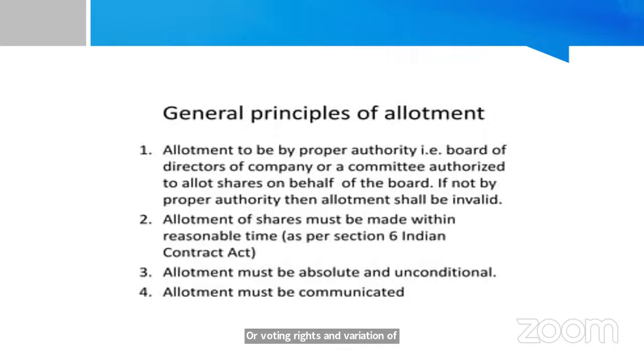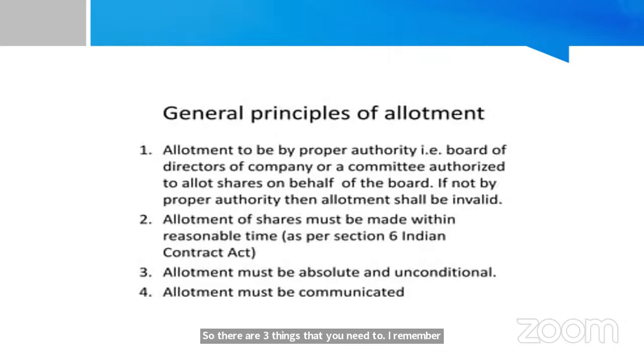So just write it down. Voting rights of members holding equity share capital, voting rights of members holding preference share capital, and proportional voting rights. So there are three things that you need to remember.